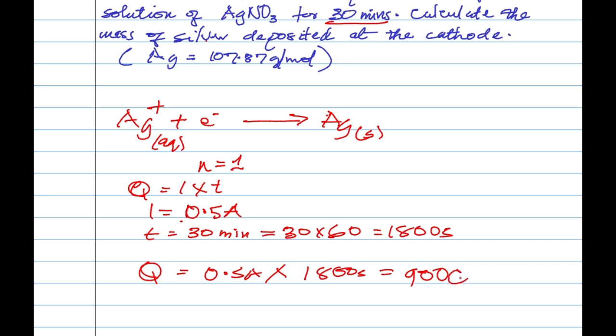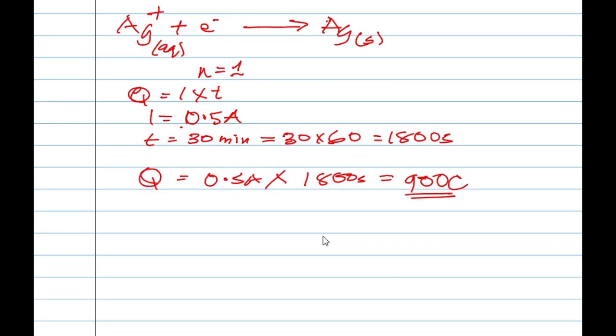So 900 C, 900 coulombs of electricity. So that is the quantity of electricity for now. But if you look at the question, it says calculate the mass of silver deposited. So in order to calculate the mass of silver deposited, we need to know the quantity of electricity that deposited that silver. Now, we can go ahead and apply this formula.